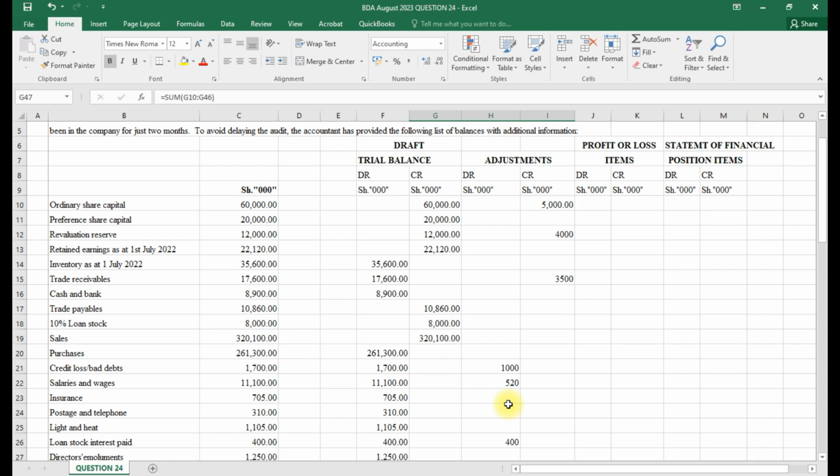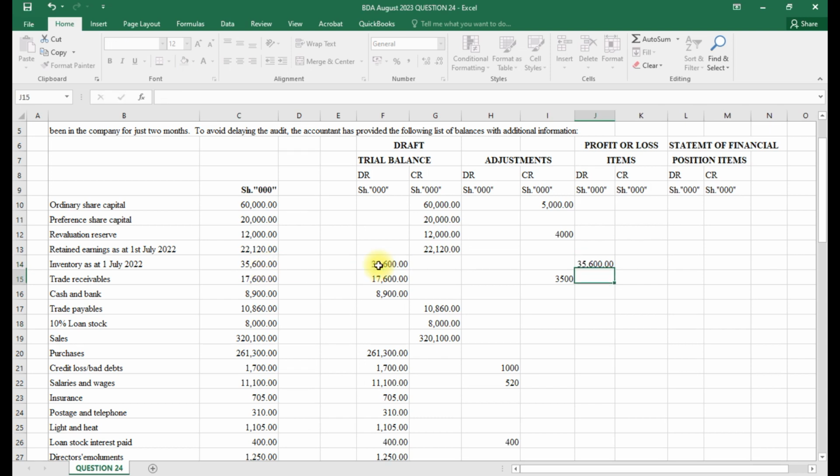Now the profit or loss items that are supposed to appear now in the profit or loss. And in the profit or loss item, the first item shall start with what? Opening inventory. Yeah, opening is normally on the debit. So we had it here in the trial balance.